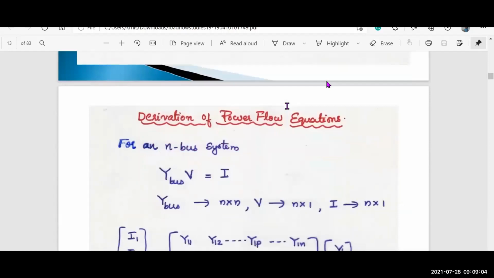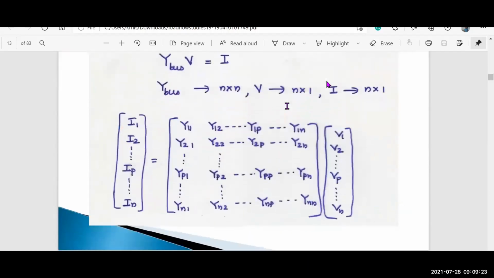Let's assume we have taken an n bus system as written here, where Y bus into V equals I. Y bus is an n by n matrix, V is n by 1, and I is n by 1, so the matrix would be I1, I2, IP, up to In.